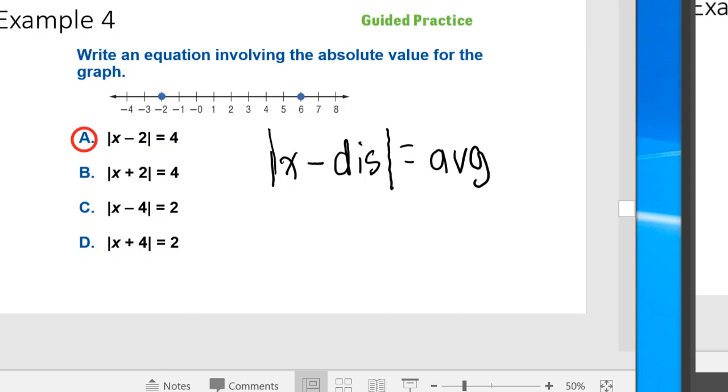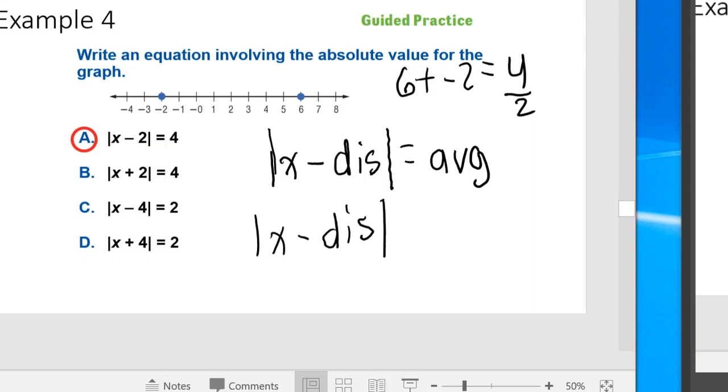If I have 6 and negative 2, how do I find the average? I'm going to add these two numbers. 6 plus negative 2 gives me 4, right? And then I'm going to divide that by 2. So I have x minus distance is equal to 2.